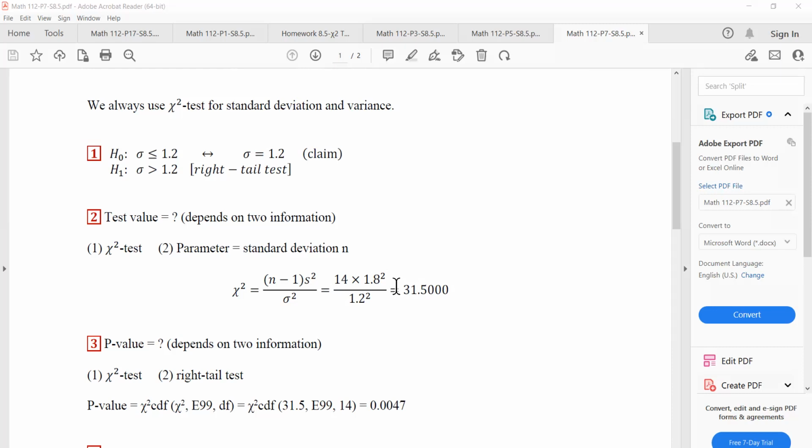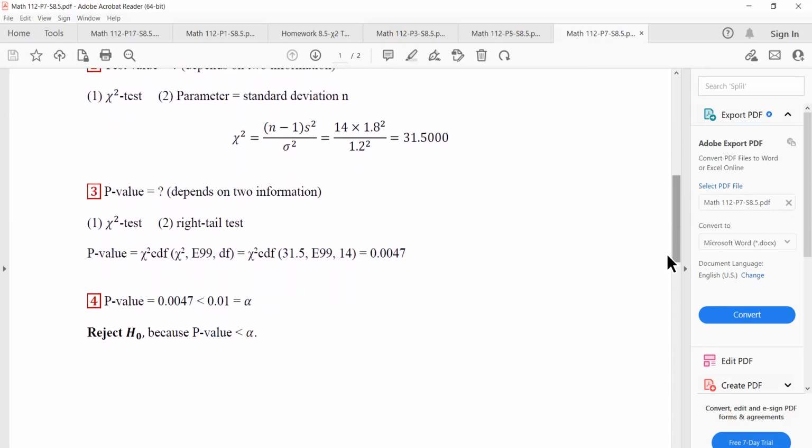Now, the p-value. This is practice from what we did earlier. This is a right tail test. So you're going to go to your distribution menu, find your chi-squared CDF, and you're going to put into the chi-squared CDF your chi-squared that you just calculated.